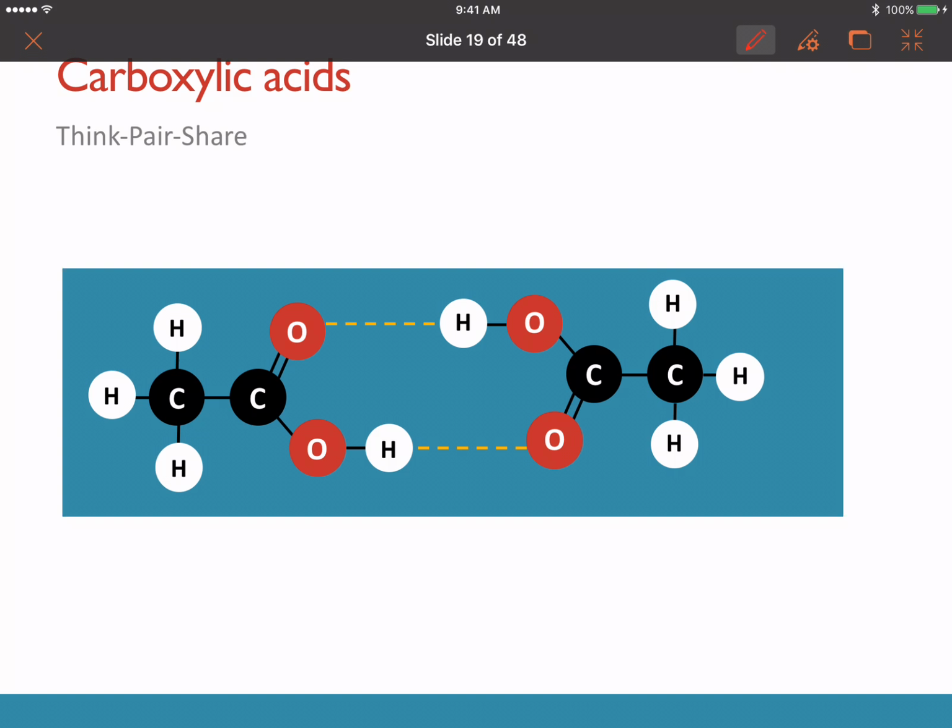Okay, so this is the diagram that was drawn in class. Okay, note that this is the slightly positive end of the hydrogen, and then this oxygen has what we call lone pairs of electrons. Okay, why is it that it has lone pairs? Note that it used up 2 electrons in the bonding with carbon, right?